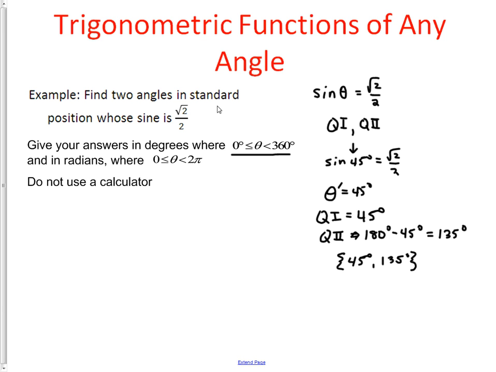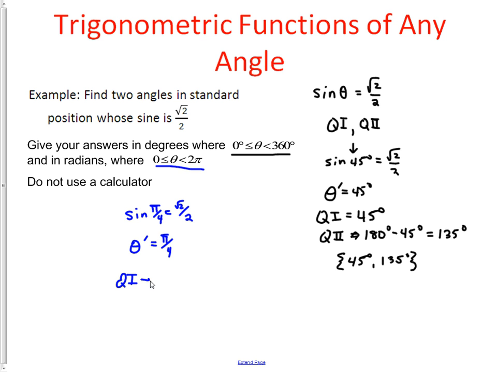All right, let's ask the question in radians this time. Same thing, right? We know that based on our basic right triangles that the sine of pi over 4 is also equal to square root of 2 over 2. And that makes our reference angle also pi over 4. And as stated, this falls in quadrants 1 and 2.